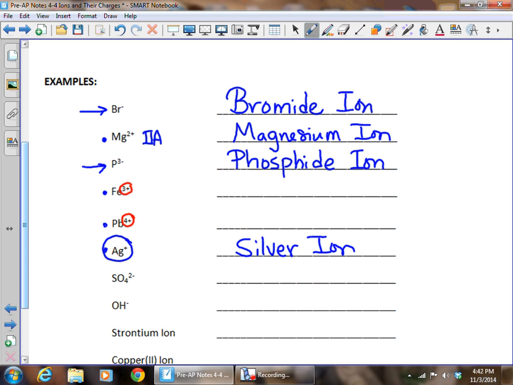I've never seen Roman numerals go past, really the highest you're going to see a Roman numeral is a 6. I've never seen it go past 6. So 1, 2, 3, 4 is IV, 5, 6 is VI.